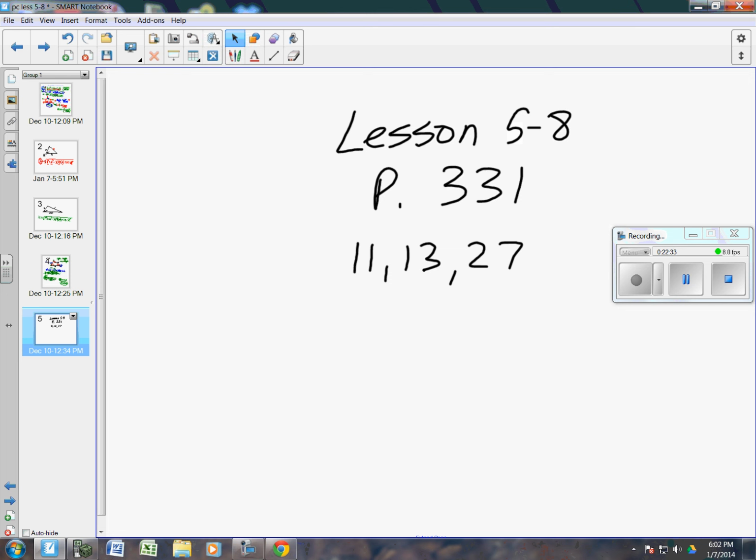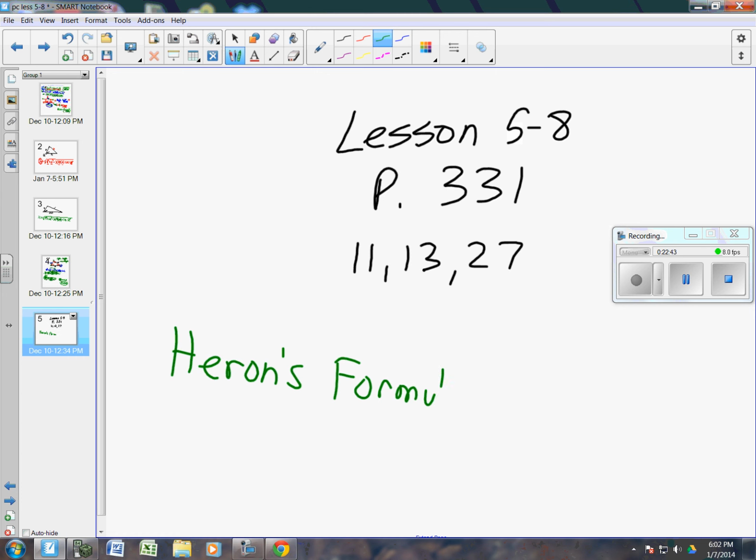And one of the problems asks you to find the area of a triangle using Heron's formula. It's a way of finding the area when you're given the 3 sides of a triangle, and sometimes that's the best way to find the area instead of finding the height of one of the sides, just by using Heron's formula.